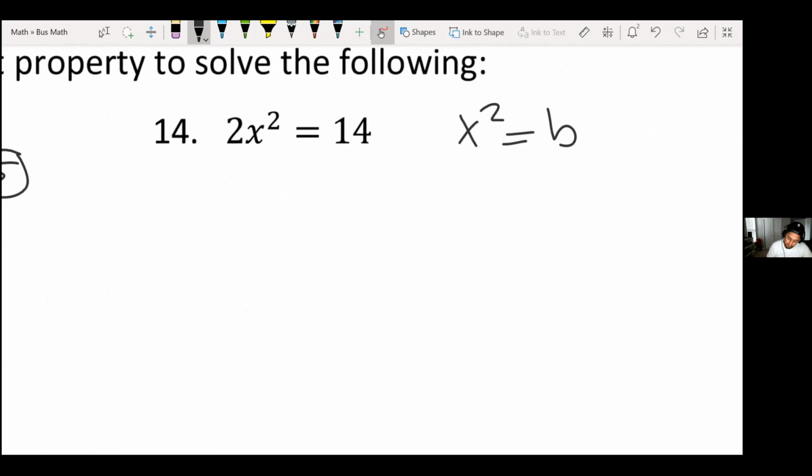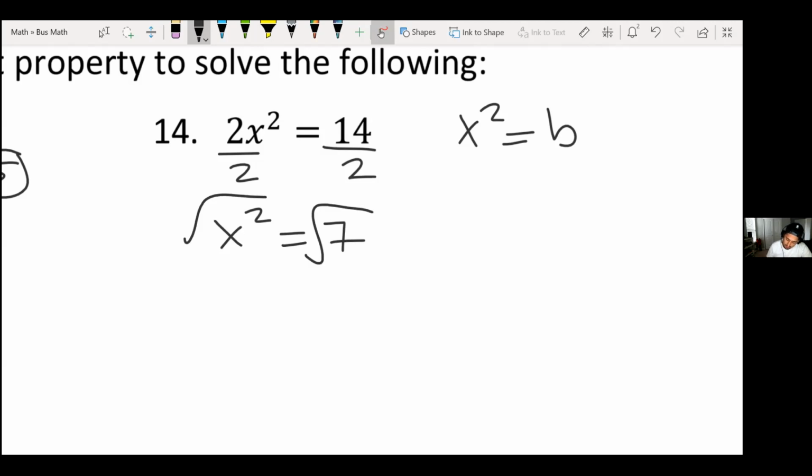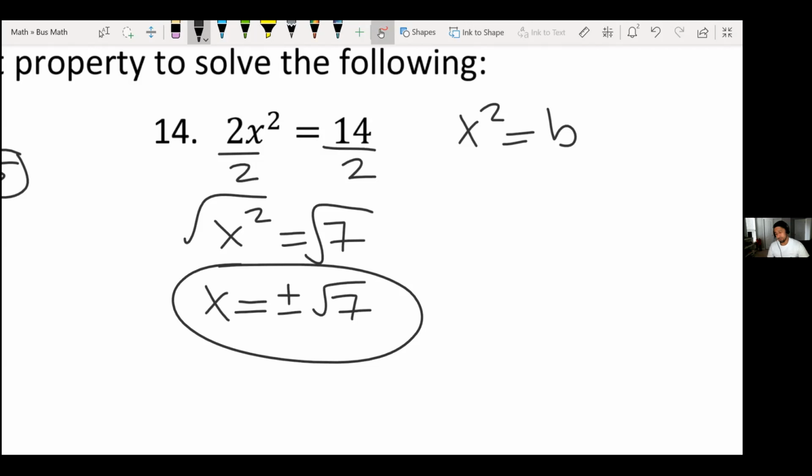With that being said, for 14, divide by 2, divide by 2. x squared equals 7. Okay, and then square root both sides, and 7 cannot break down anymore. So you get x equals plus or minus the square root of 7.